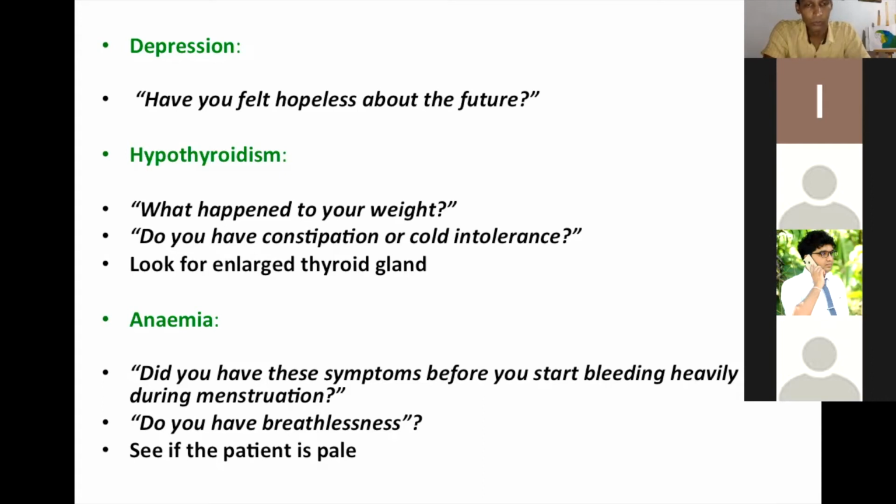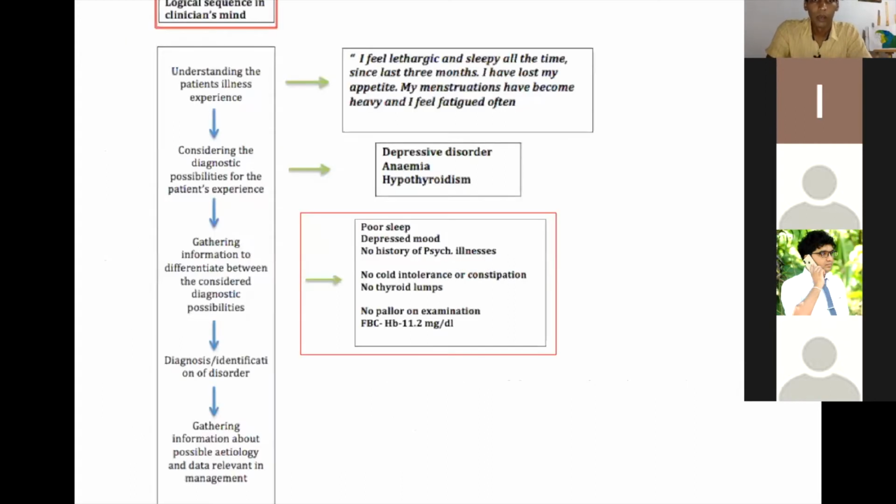And pallor would point towards a diagnosis of anemia. Now, we can look at whether the HB level is low as well. And with the answers to these questions and the observations, there is no cold intolerance, no thyroid lumps, the HB is decent, no pallor.